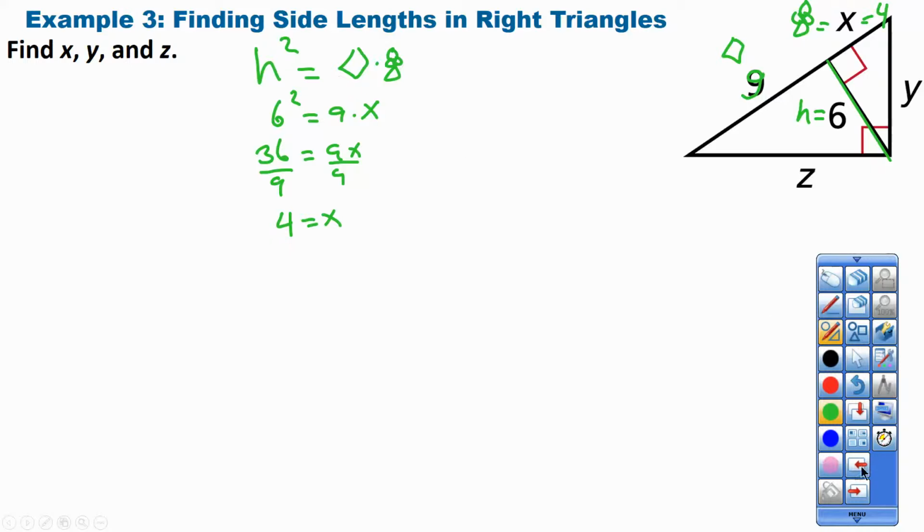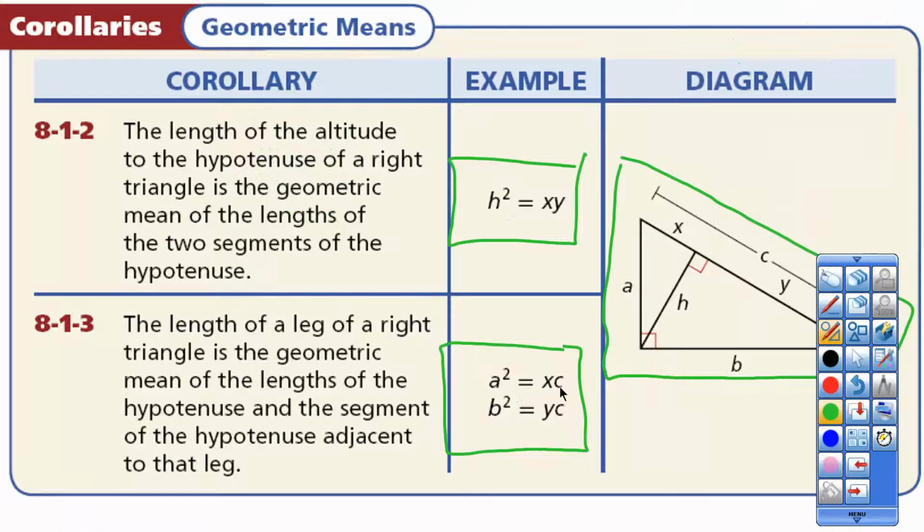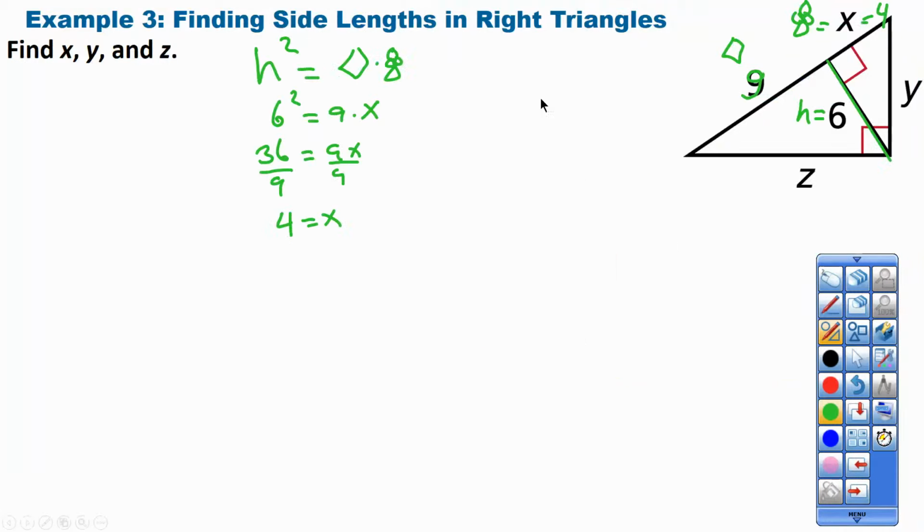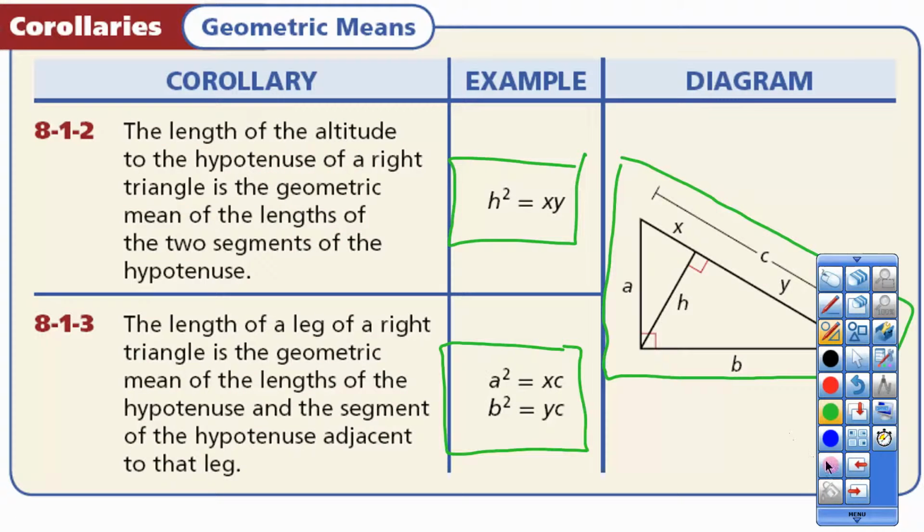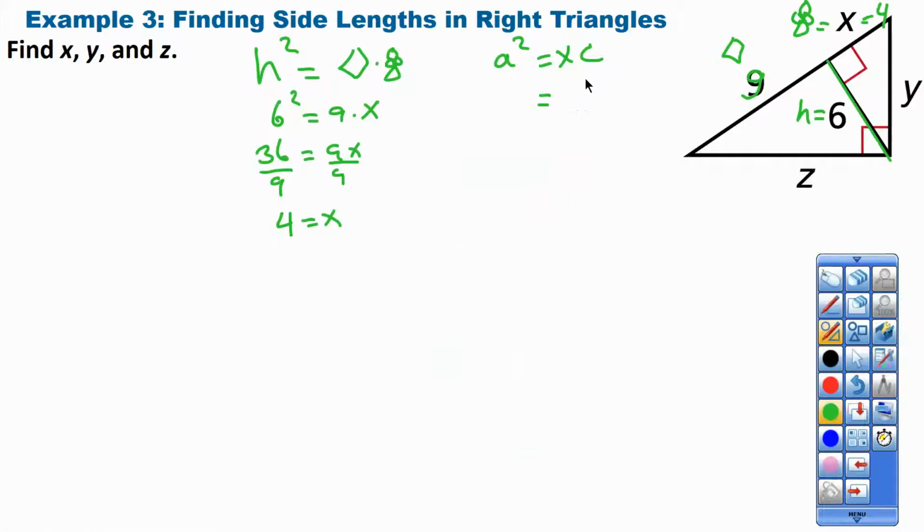And now we go back again and we take a look at this. a squared is equal to xc. And c is the smaller one. So that's equal to club and diamond, or c is the whole thing. x is the smaller one, and c is the whole thing.